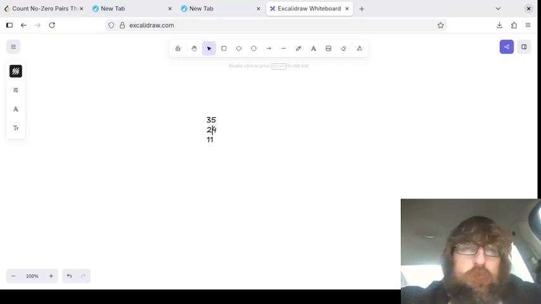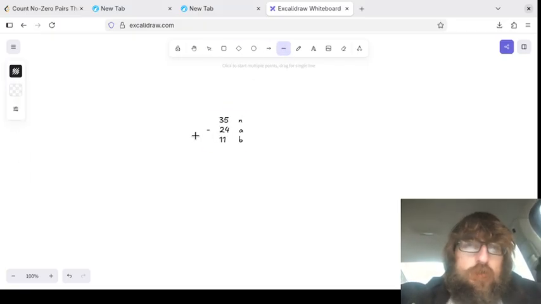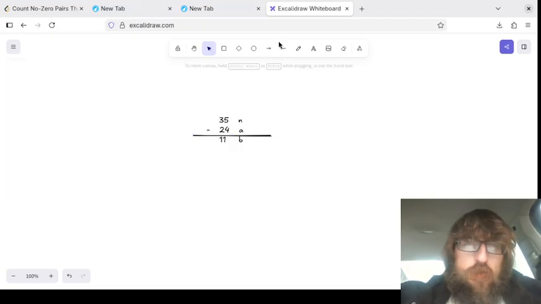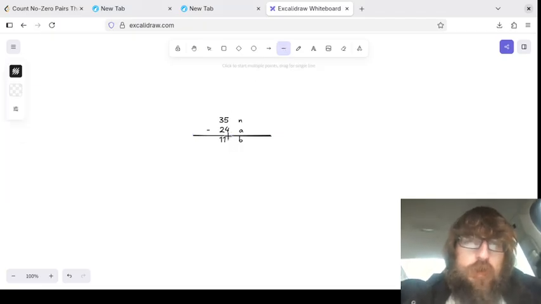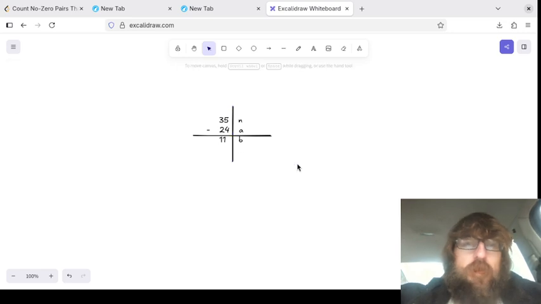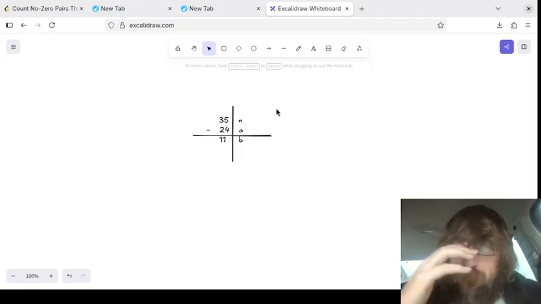And the idea would be this is A, this is B, and this is N, and I'm going to subtract. This is kind of what's going on in my mind while we're talking about this.